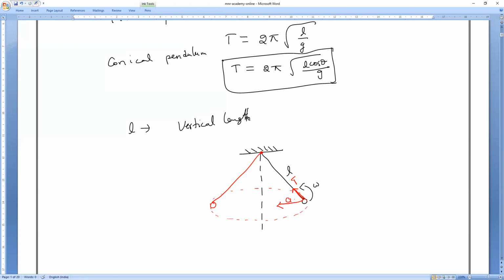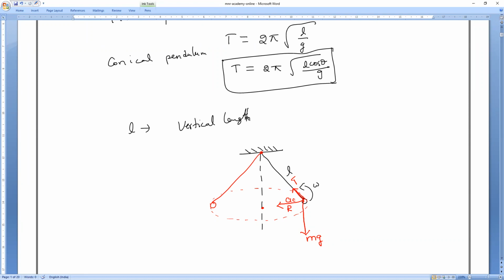The centripetal acceleration is acting towards the center, or we can say along the radius. At this point, some other force is acting. What do we call it? Weight, which equals mg, and it is acting in the downward direction.